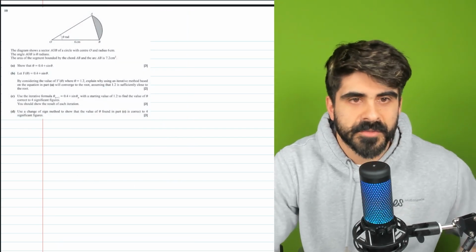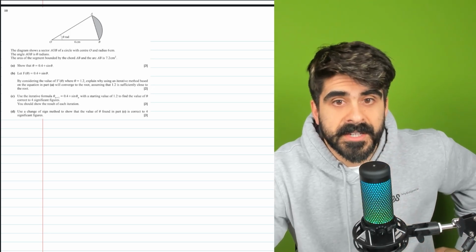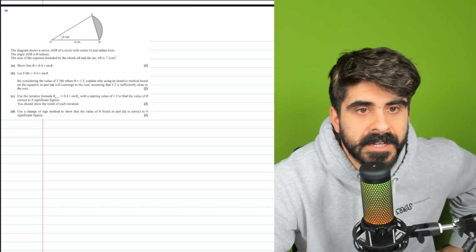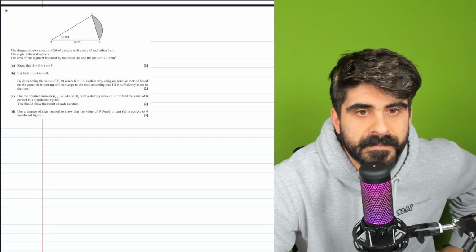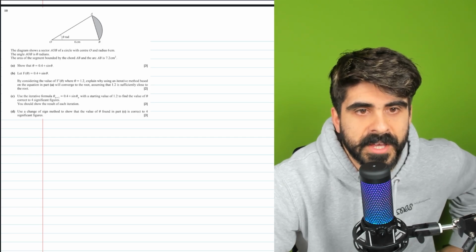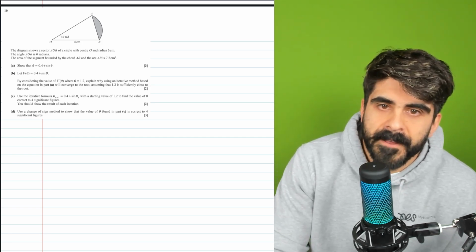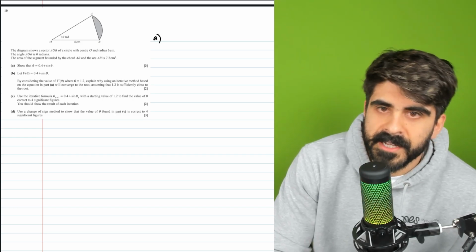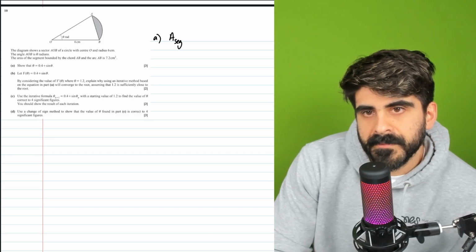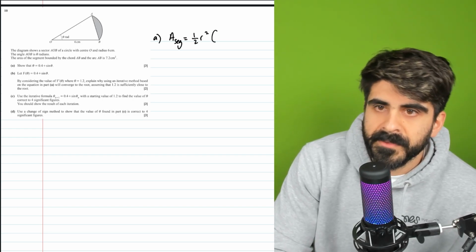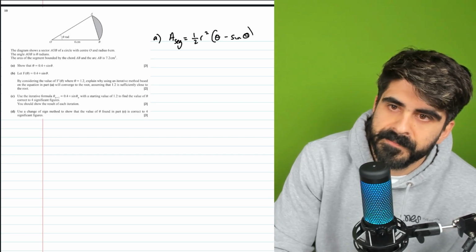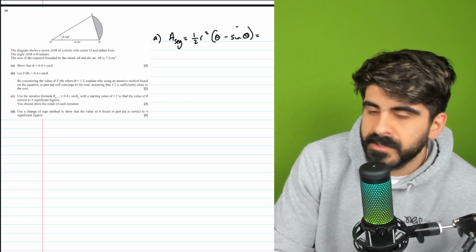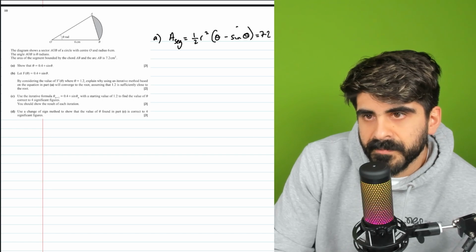Okay, so the diagram shows a sector, radius 6, angle theta. The area of the segment is 7.2. Show that theta is this. So the area of a segment is half r squared, theta minus sine theta, which is 7.2.